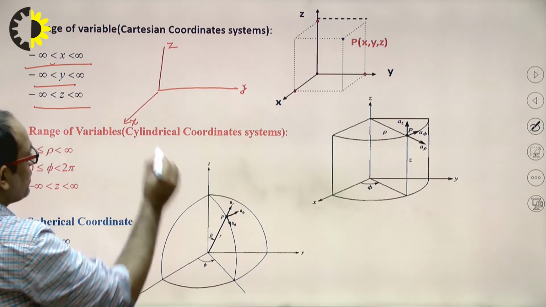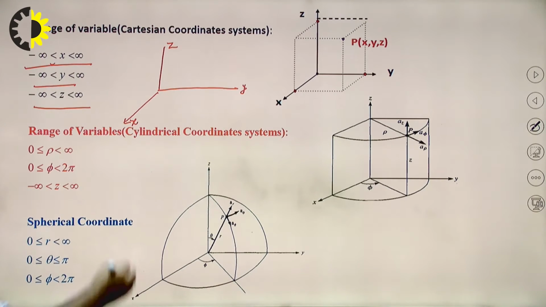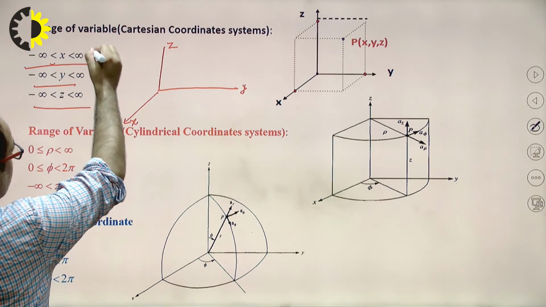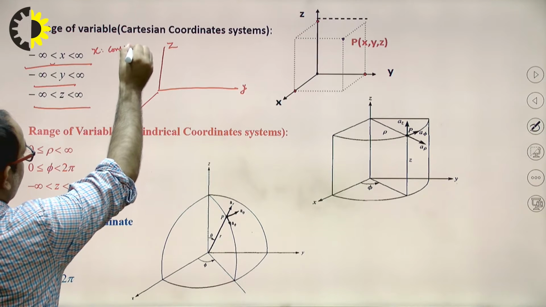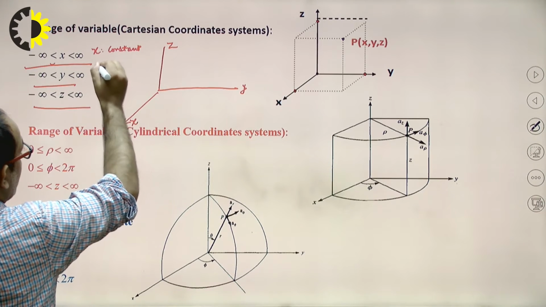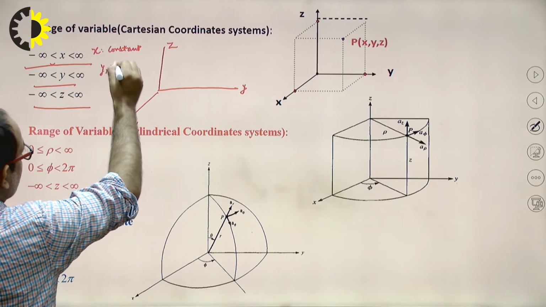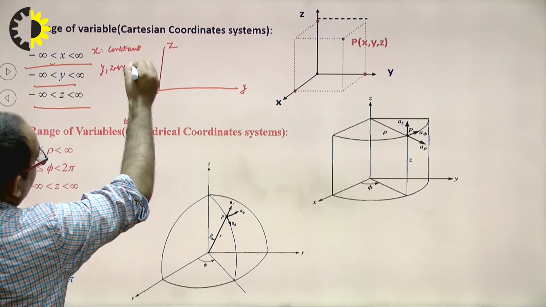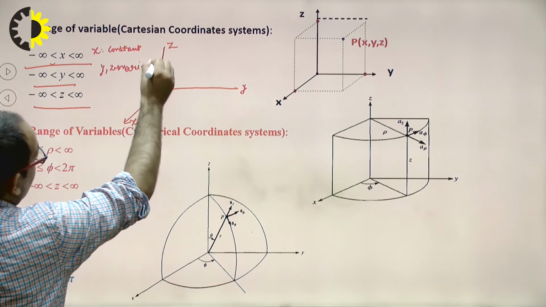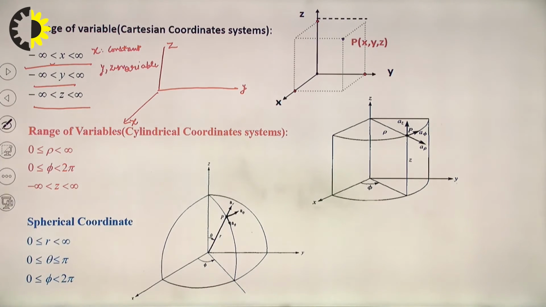Now if I say that x is constant and y and z are variables, then you will observe what?